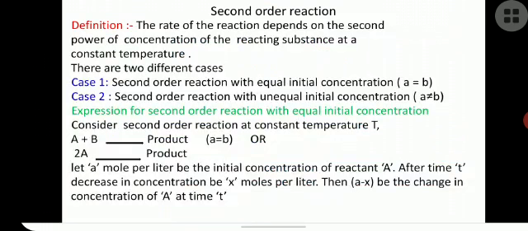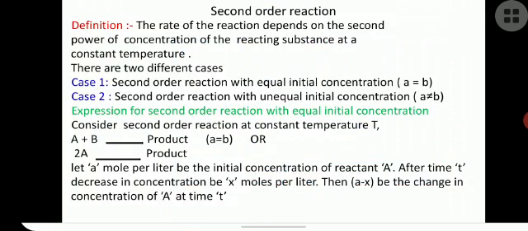The examples of second order reactions are: first, alkali hydrolysis of ethyl acetate in solution. Second, thermal decomposition of HI. Third, hydrogenation of ethylene to ethane.